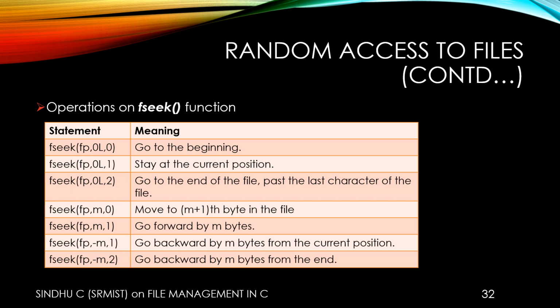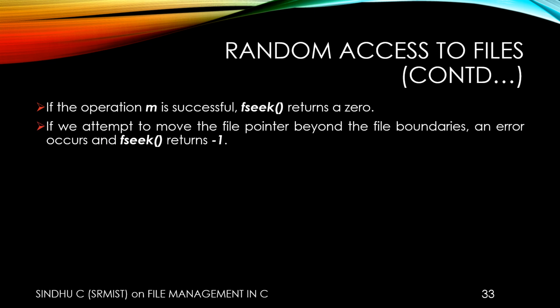When the offset is minus m and the position is 2, it says go back by m bytes from the end. So these are a few examples of how it can seek. If the operation is successful, fseek returns 0. If we attempt to move the file pointer beyond the file boundaries, an error occurs and fseek returns -1.